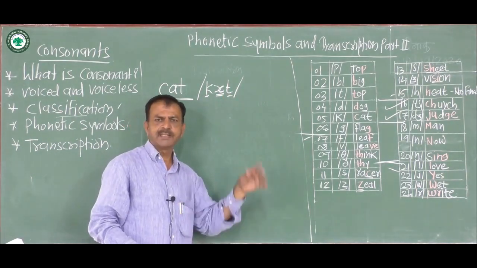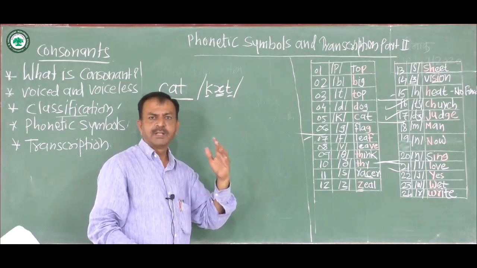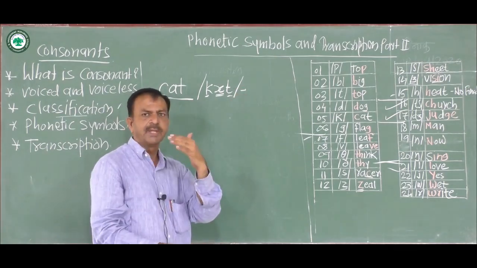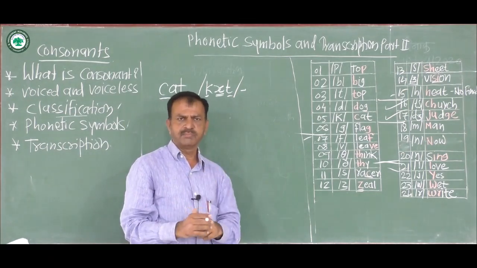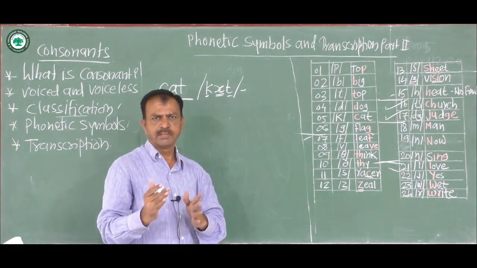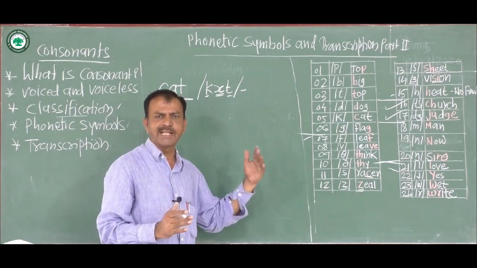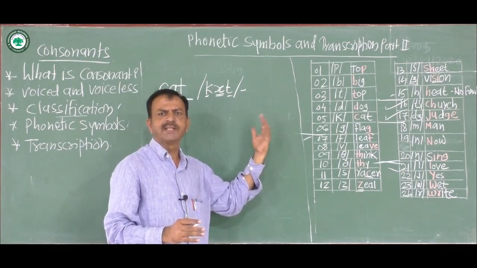It means in the word cat, the structure is CV, because in the examination you have to write one question, question number 5, related to making the phonetic transcription and writing it in CV manner.